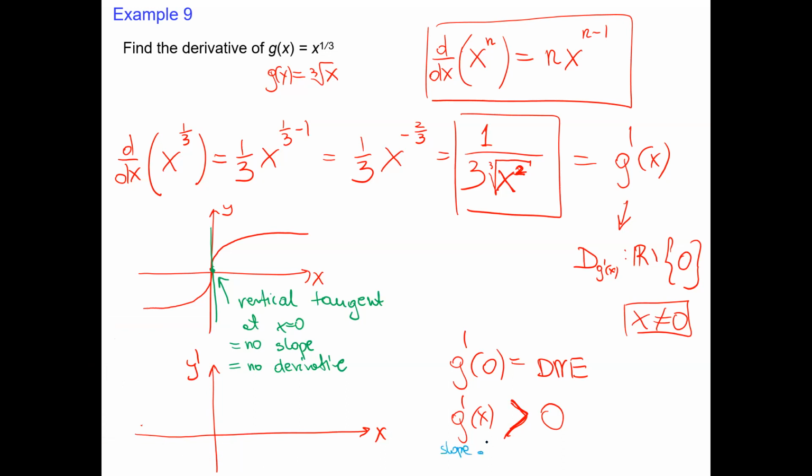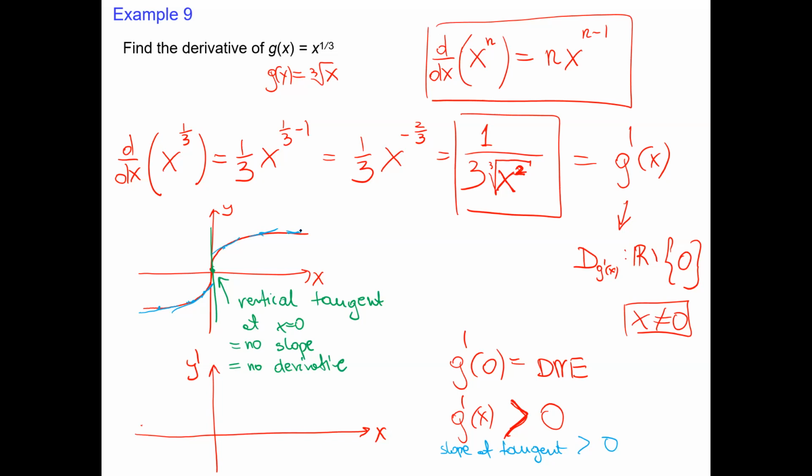The slope of the tangent is greater than zero, and we can see positive slope, positive slope, positive on the entire interval of the domain, from negative infinity to positive infinity, excluding zero.